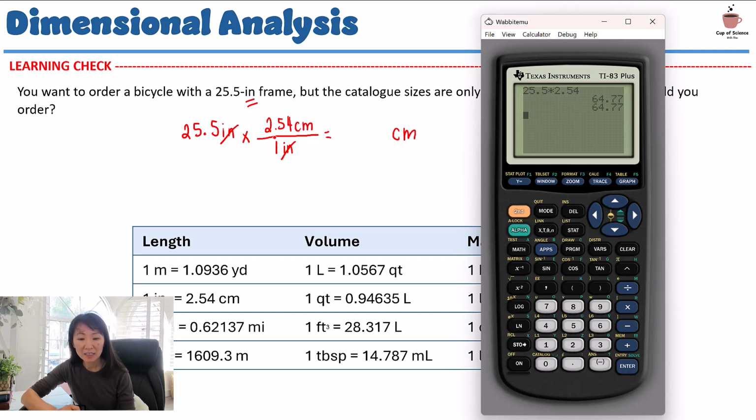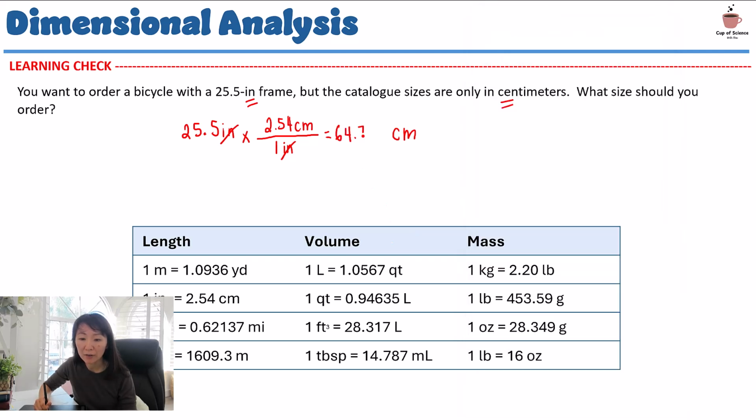Then there is this division sign, 1, which is the same, 64.77. 64.77 is what this calculator spat out, but with the correct sig figs, since the starting value is 3 sig figs, we want to end with 3 sig figs. I will round it up so that it's 64.8 centimeters, and that will be my final answer.